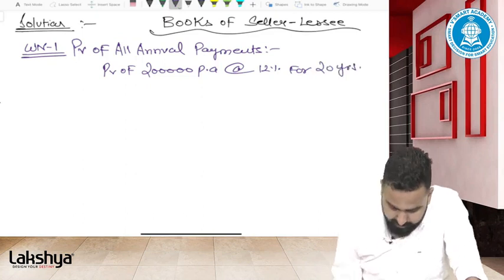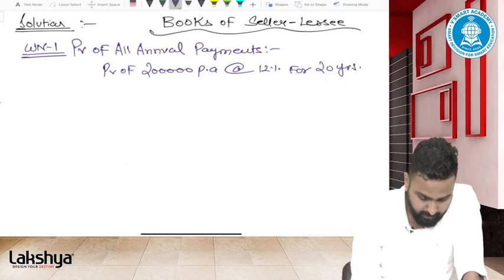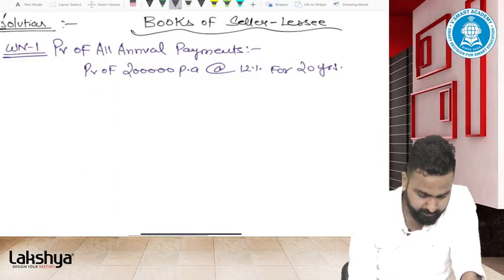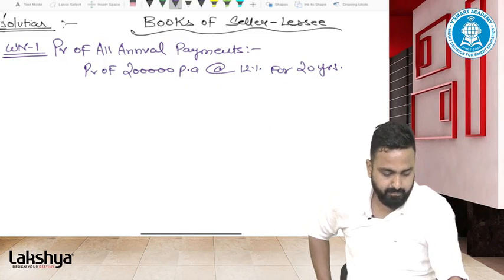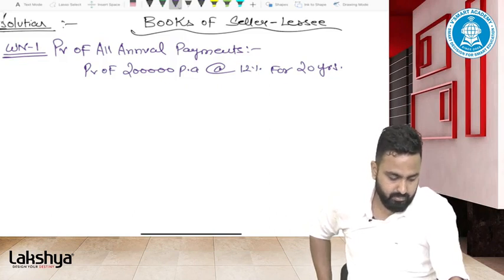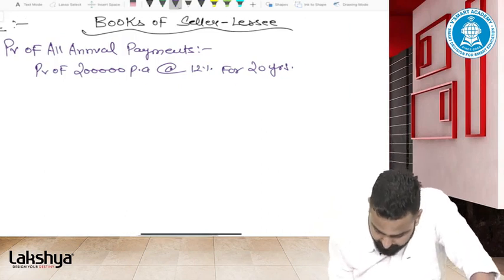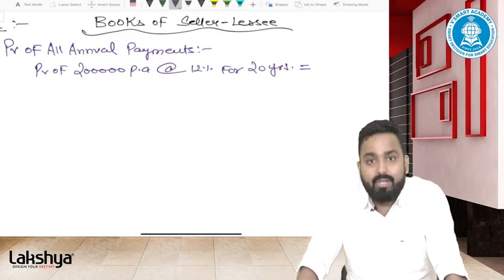For 20 years. Okay, please calculate. Give me the answer. It's 2 lakh, na? Yes. Please give me the answer: present value of all annual payments.